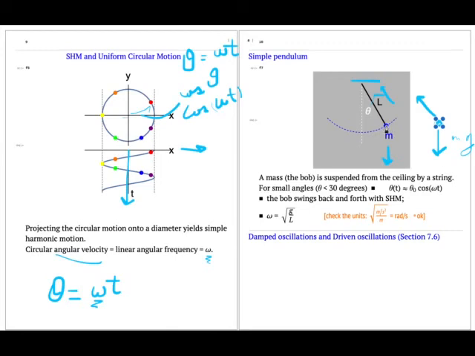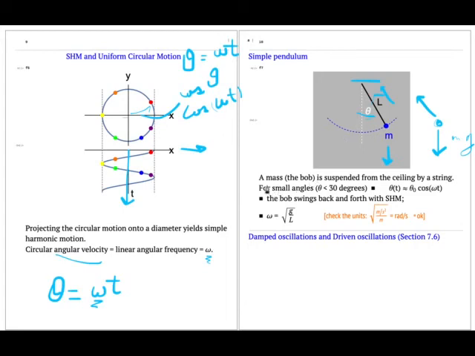Now, the mass moves on a circle. The radius of the circle is equal to the length of this string. So the mass will be undergoing a circular motion, but it's not uniform circular motion because the speed of the mass is not constant. But it is moving on a circle. And so you can define its position by the angle theta, the angle between the string and the vertical direction.